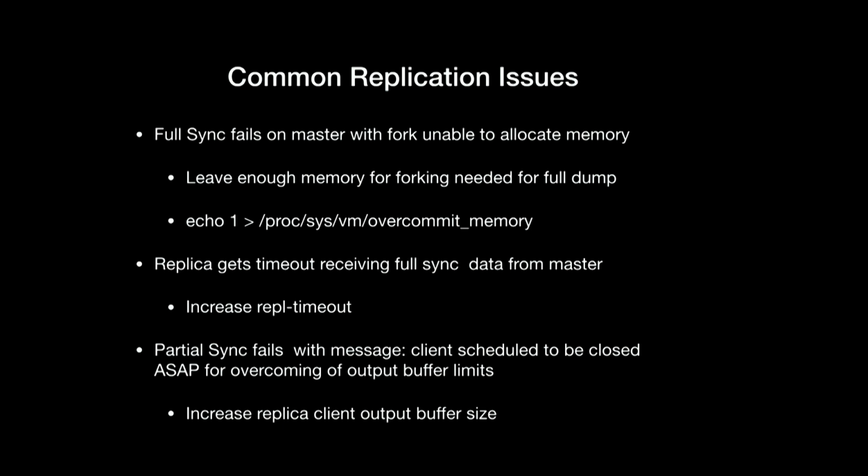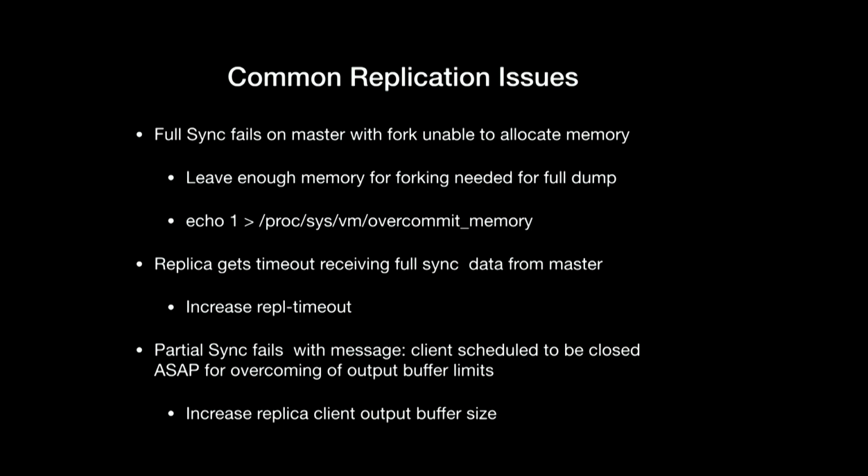So what is happening here? As I mentioned, when Redis does a full sync, it has to fork itself. When you fork, the fork process needs some memory, right? How much memory does it need? Let's say I have a Redis master of 10 gig. Do you need another 10 gig when you fork, right? Actually not.